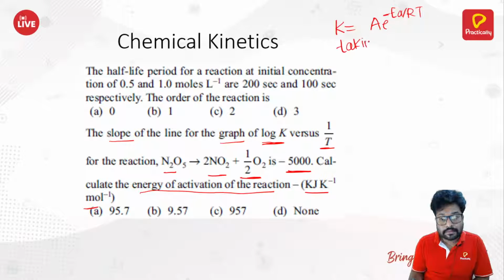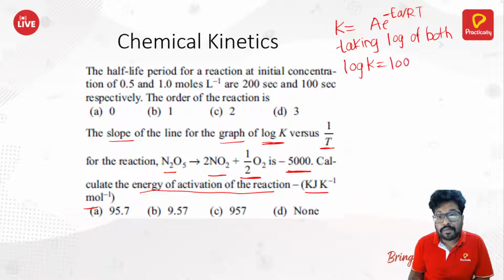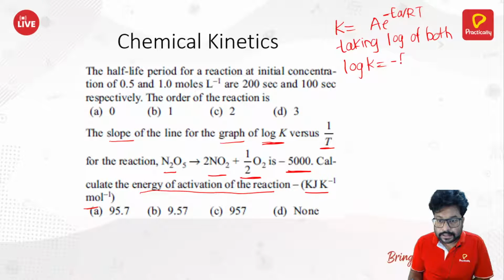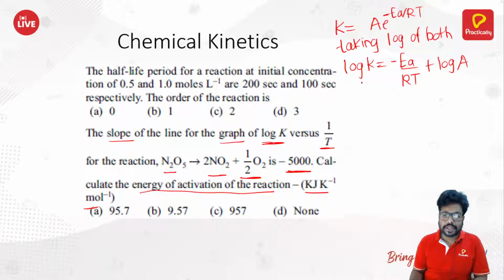Taking logarithm of both sides, what we get? Log of K is equal to minus Ea by RT plus log of A. Obviously we have a 2.303 here, but I just ignore that, we don't need it.